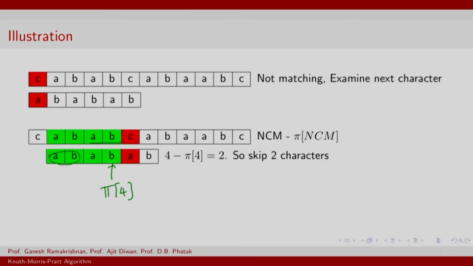So what we know is we can move to the right and be able to start matching at the next position following AB. So we need to start matching at this A, matching with this C.